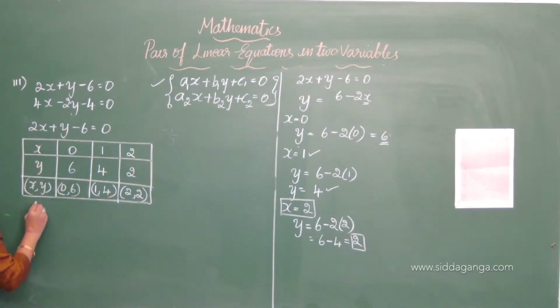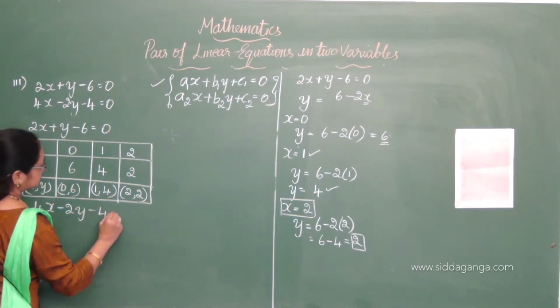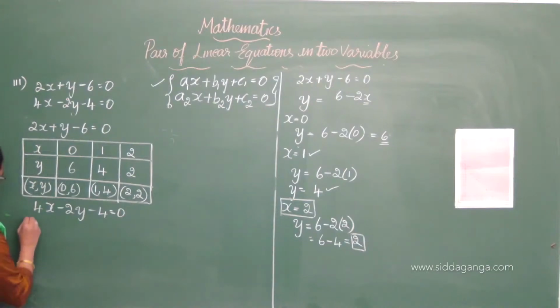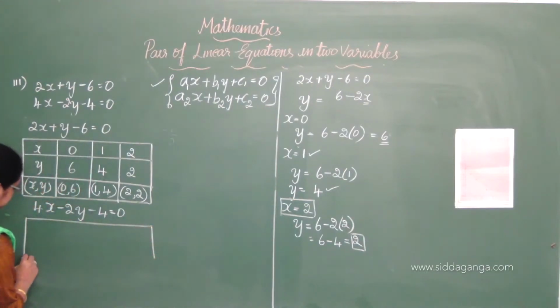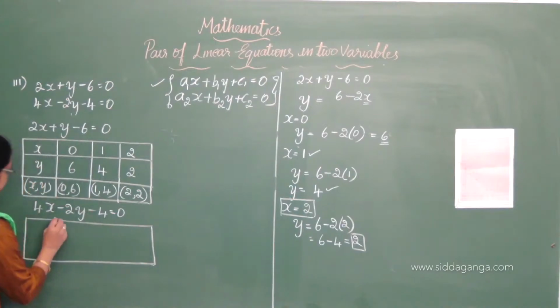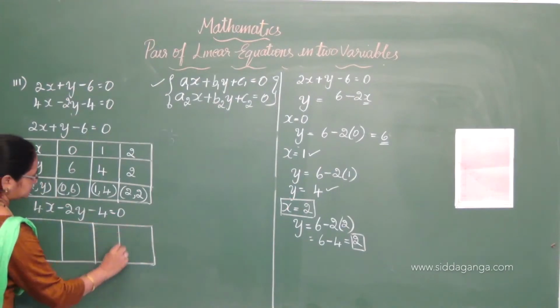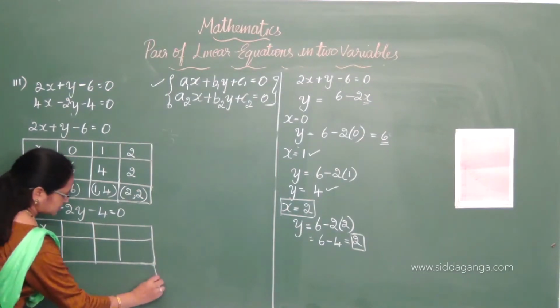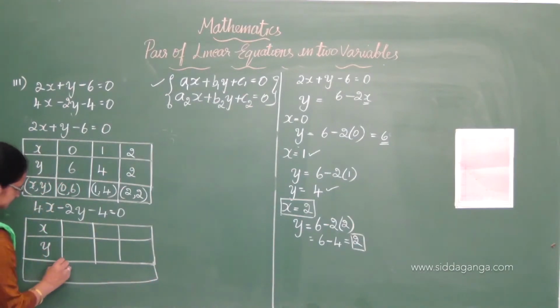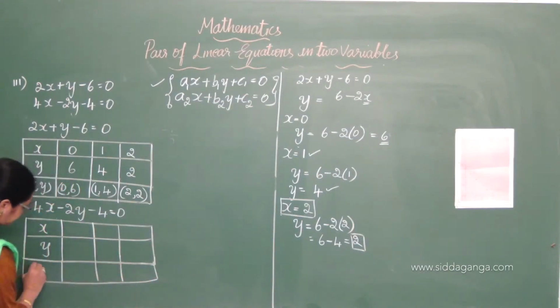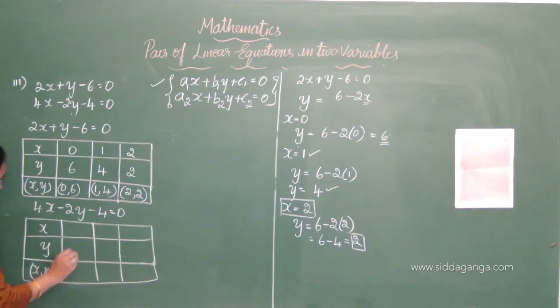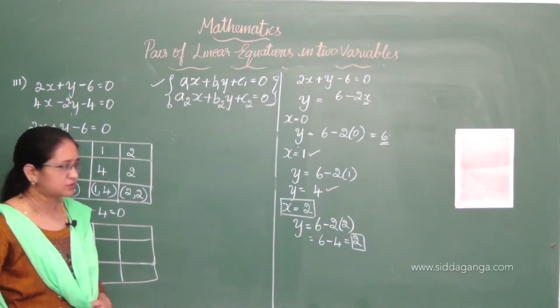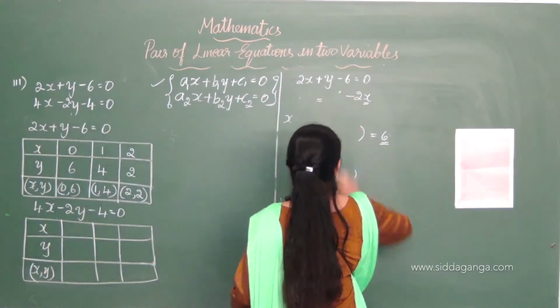Now, for the second one, I am going to write here is equal to 0. x comma y, and one more x comma y. Okay, for the next one, we'll just plot the graph.